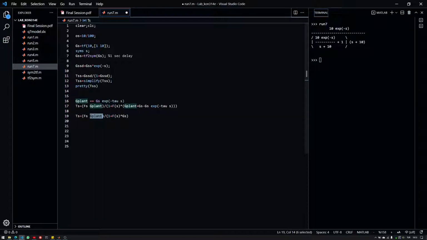And since the G plant, the actual plant, is equal to, or should be equal to this, you can see that this term lives in the numerator, and then we have F(s) times G(s). So something like this.